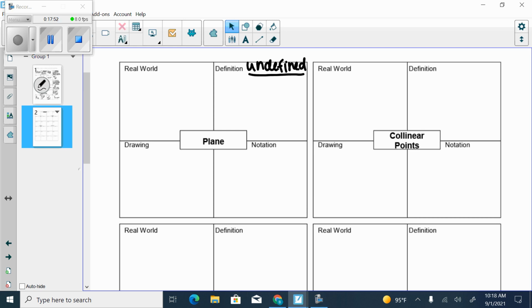A plane, like a coordinate plane, when you plot points on it, is two-dimensional because you've got your x-axis and you've got your y-axis. So this is going to be a two-dimensional object that extends in four directions.